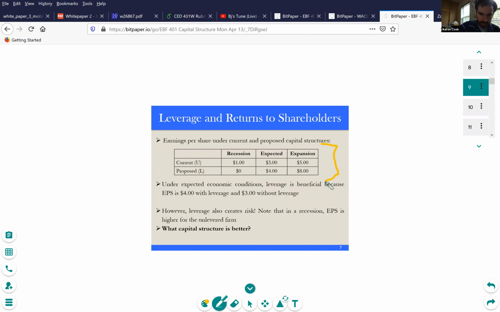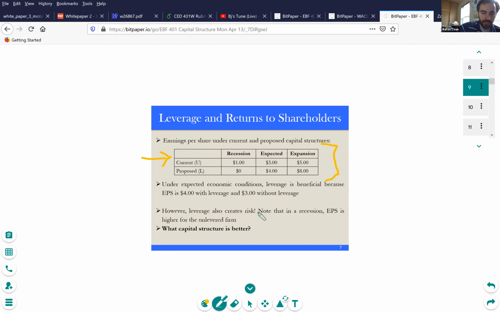That's the first case. The unlevered case, you have a narrow band of possibilities. Leverage sort of expands the range of possibilities, makes the possible payoffs wider. And in doing so, it also increases the expected value, but not without creating extra risk.